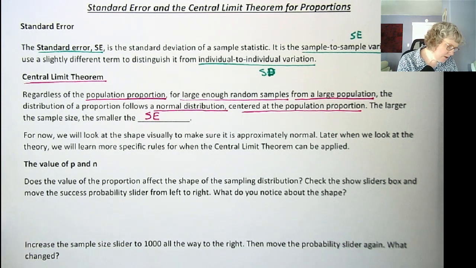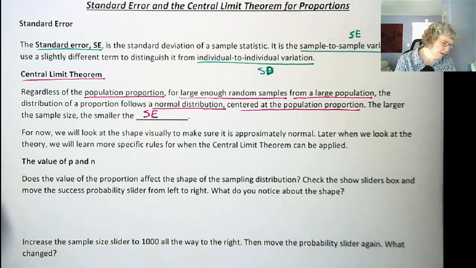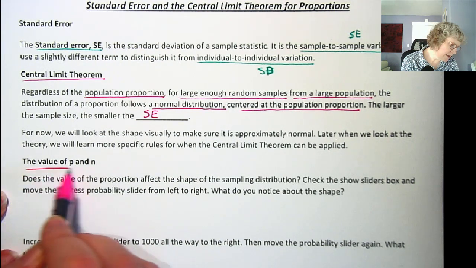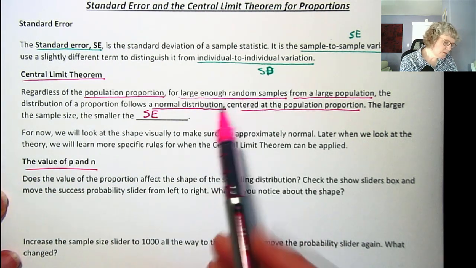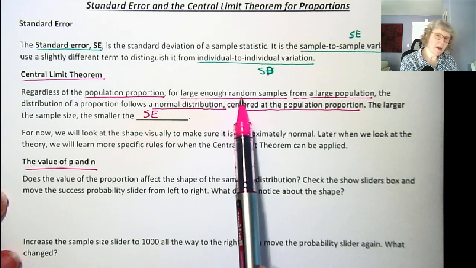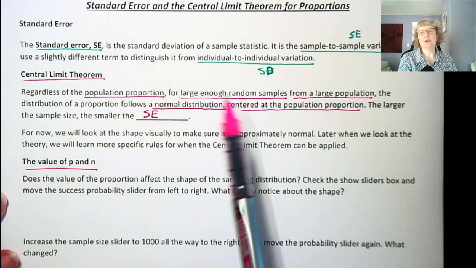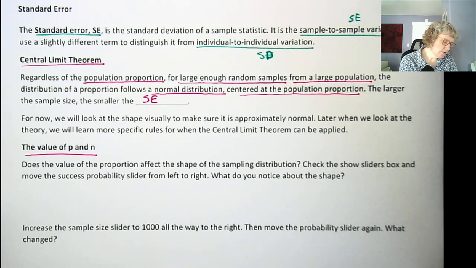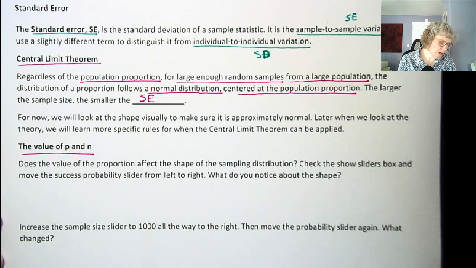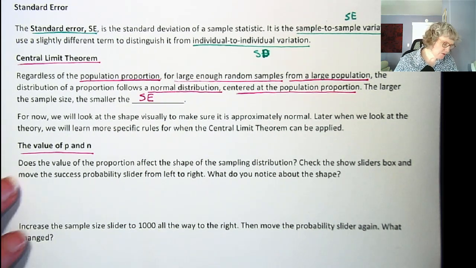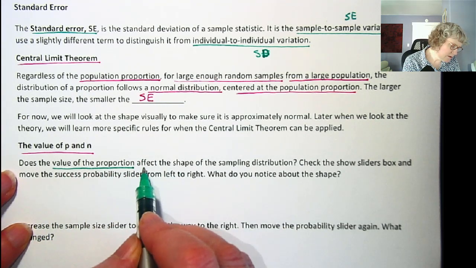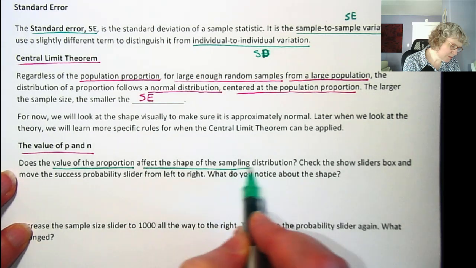Okay, so the next thing I want to say is for the value of P and N. This has to do with large enough random samples. How do we know when we're going to get to that normal shape? Okay, so I want to ask a question here. Does the value of the proportion affect the shape of the sampling distribution?